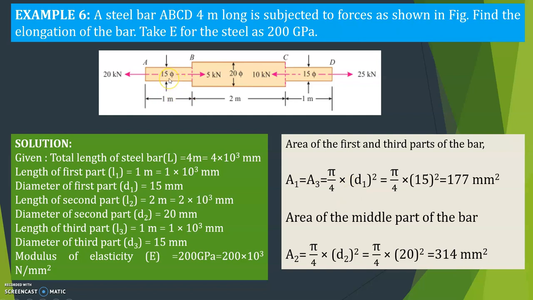D1 is 15 mm. Substitute, you will get 177 mm square. Then the area of the middle portion, A2, is equal to pi divided by 4 into D2 square. D2 is 20. Substitute, you will get 314 mm square.